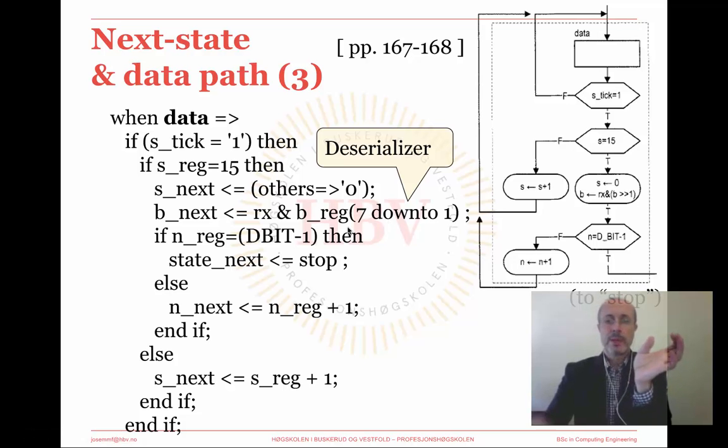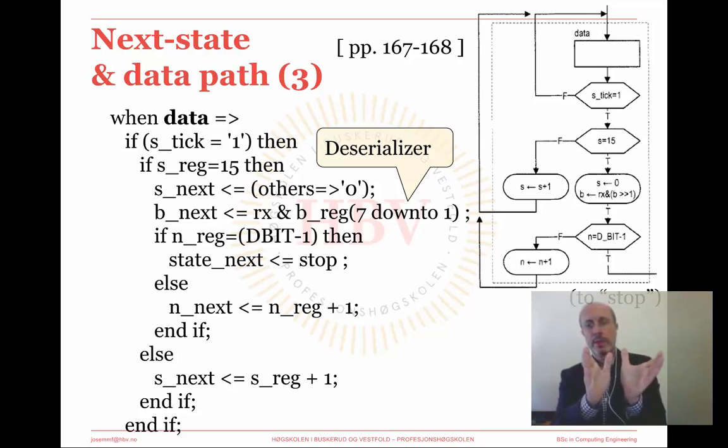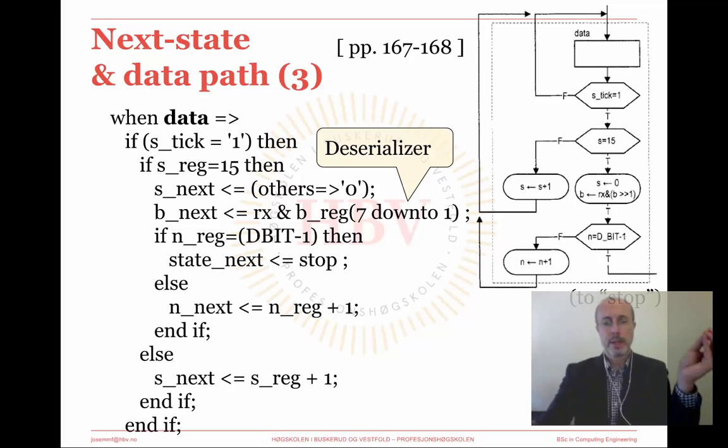So, in other words, the 7 leftmost bits of the deserializer are shifted 1 position to the right. What was previously the rightmost bit is discarded, and then the leftmost position is filled with the logic value that was read at the received data line.